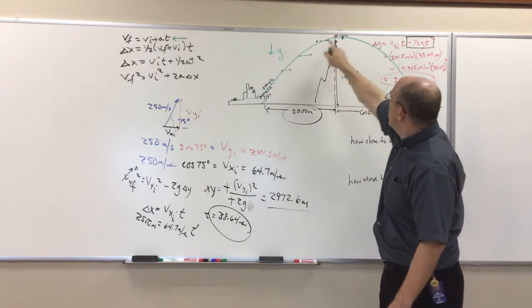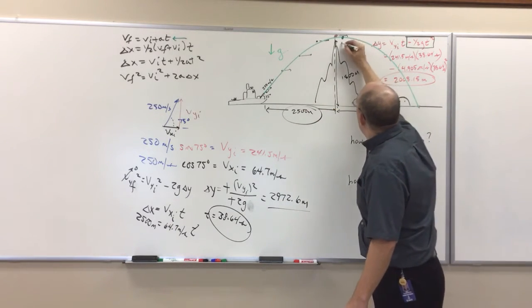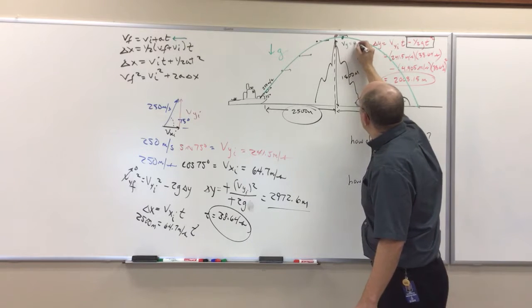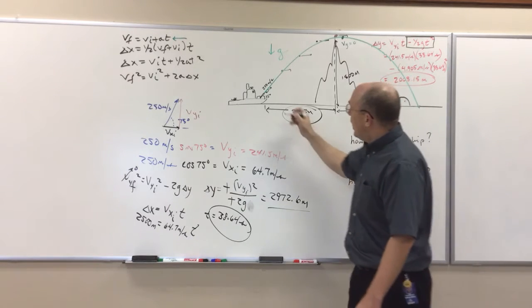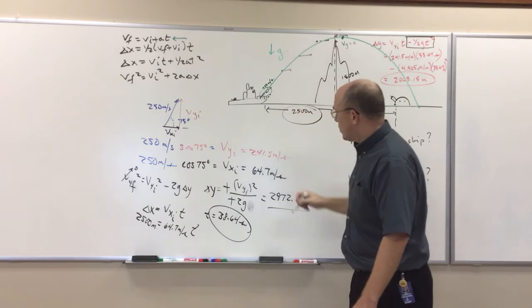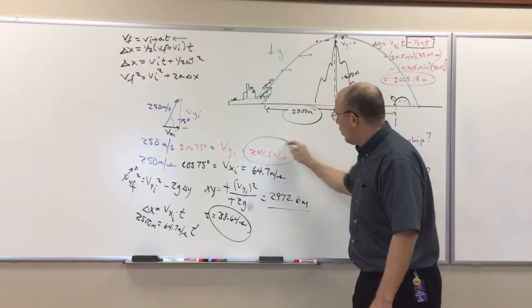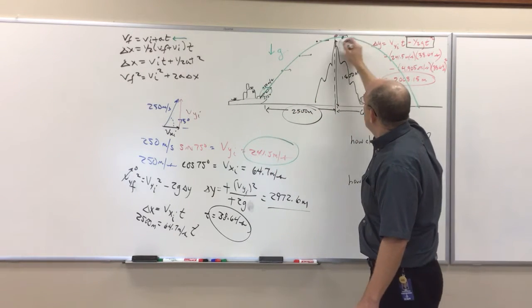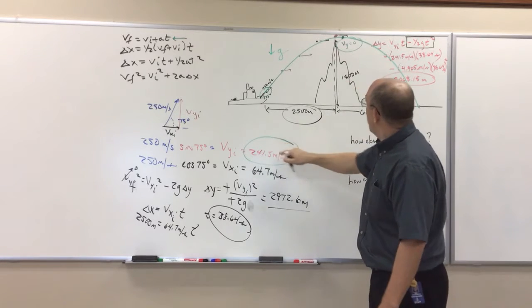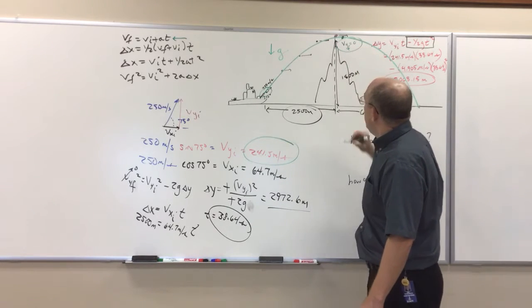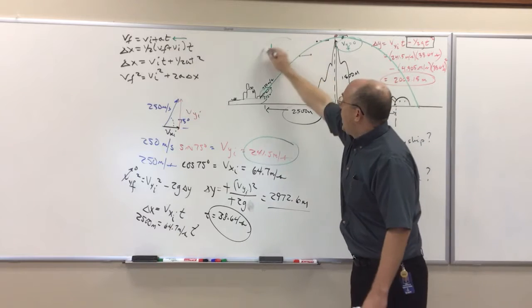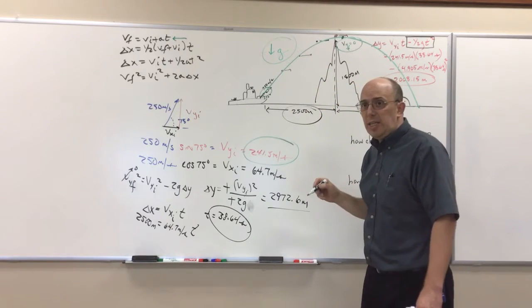If you remember from the sketch we made yesterday, at this point the y component of the velocity is 0. It's not 0 here at the start. At the start it is 241.5, at the peak it's 0. So there I know an initial velocity, I know a final velocity. Gravity is acting. What's missing is t.